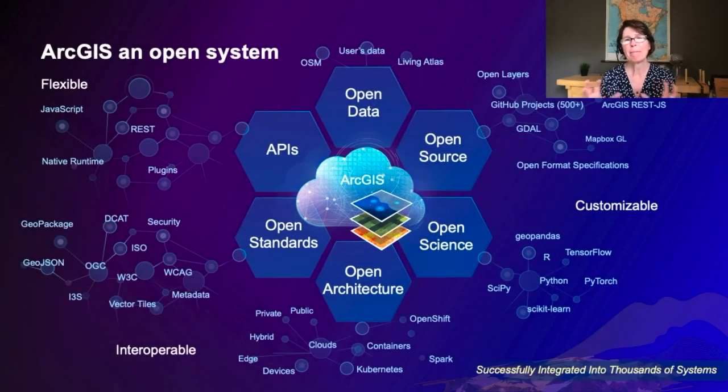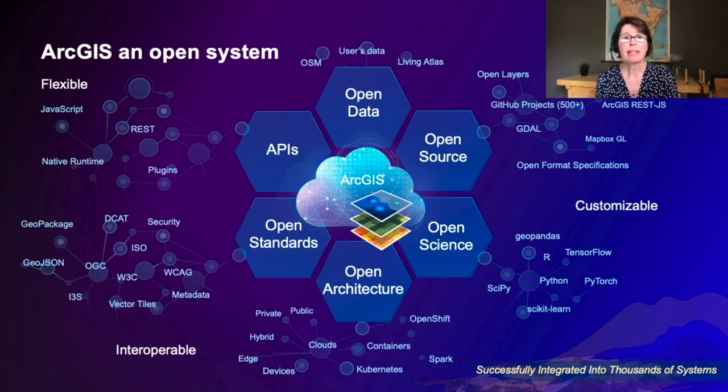Open means many things to many people. Here's a way of looking at it. While it's always about being interoperable, an open system should also try to embrace many perspectives. For some, it's about being extensible, customizable, and flexible.